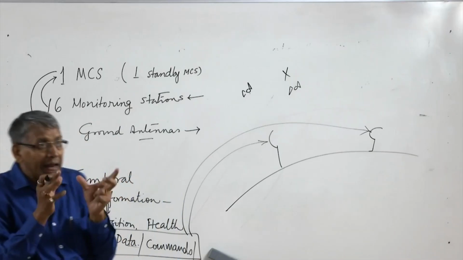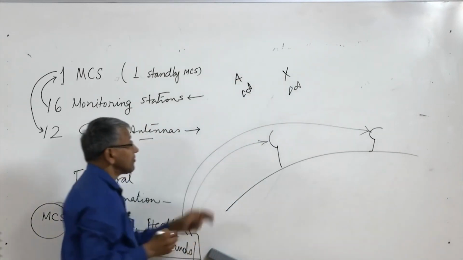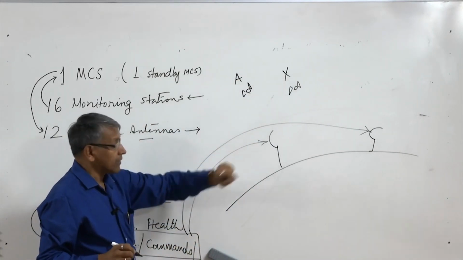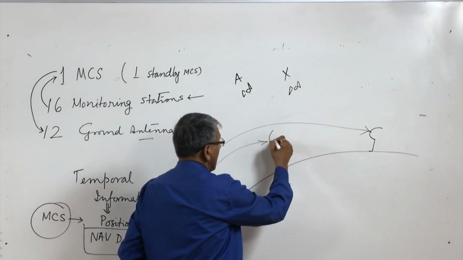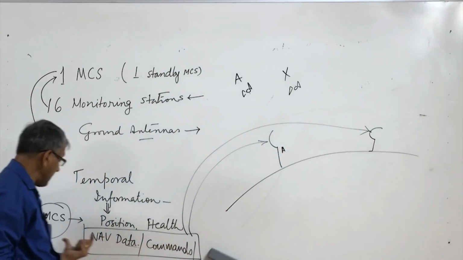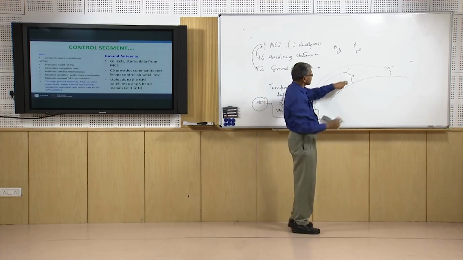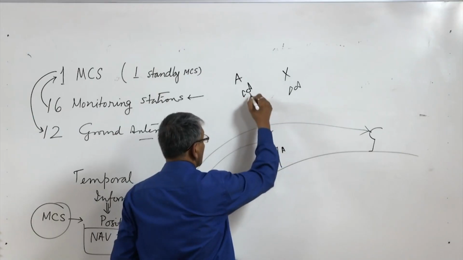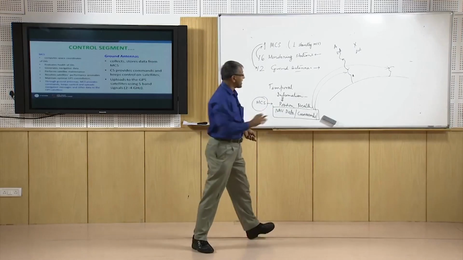If it has identified, suppose satellite A, and the ground antenna has some information communicated by the master control station for it, then it will send this to the satellite through an S-band signal.